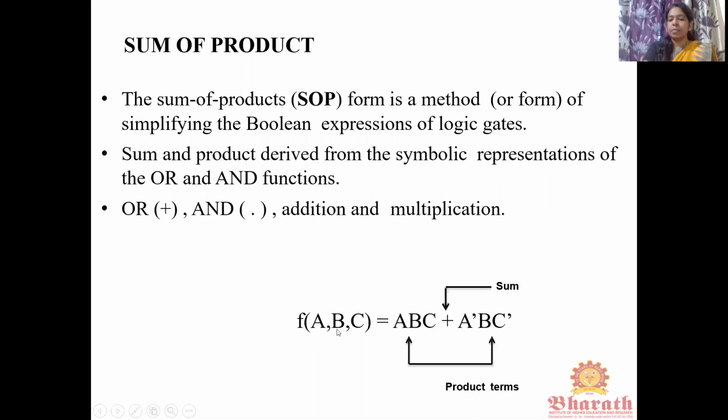F of A, B, C. So these are the three variables. So we have to use A, B and C for the sum of products: A B C plus A complement B C complement. As I already told, you have to sum the product terms.